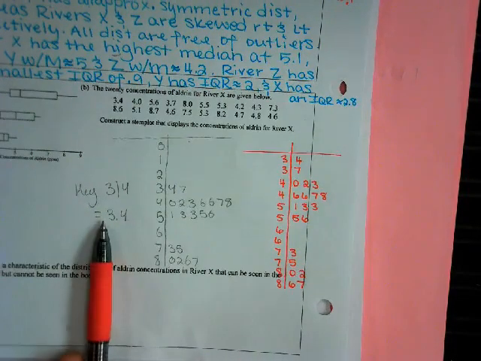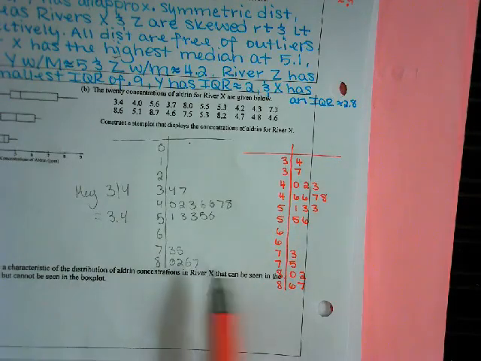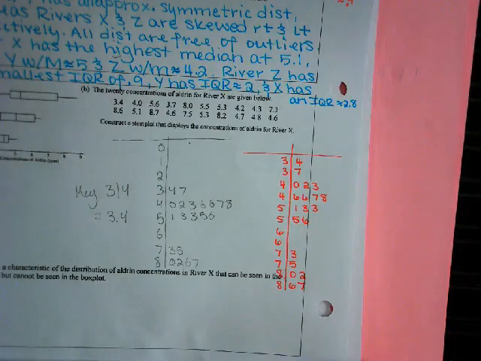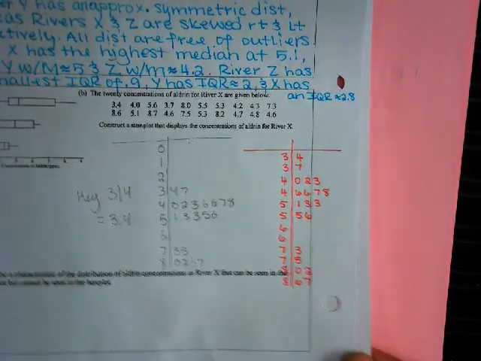The reason I wanted to show you the split stems is that if I hadn't given you a box plot and I asked you to describe shape, you turn them sideways and it's a little hard to see the skewness. You can kind of tell there's a little skewness there.